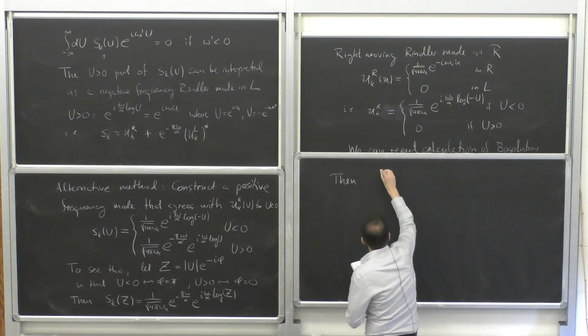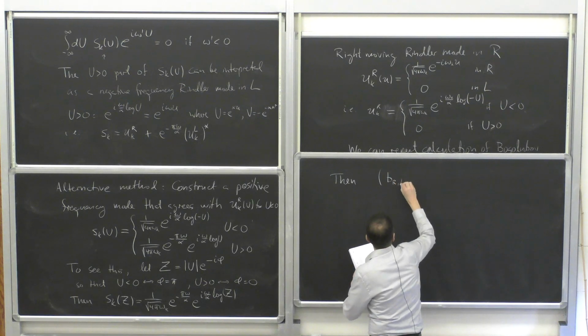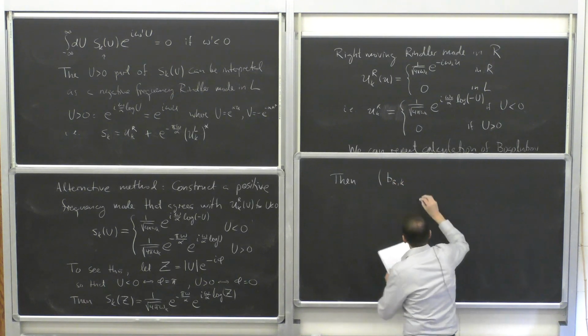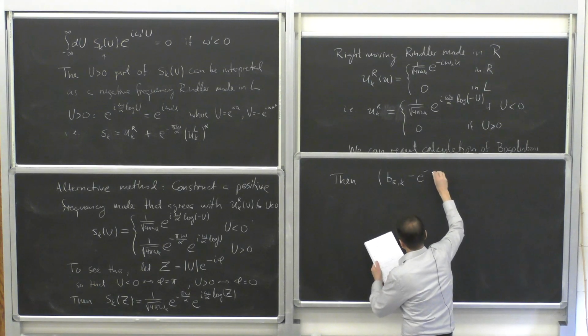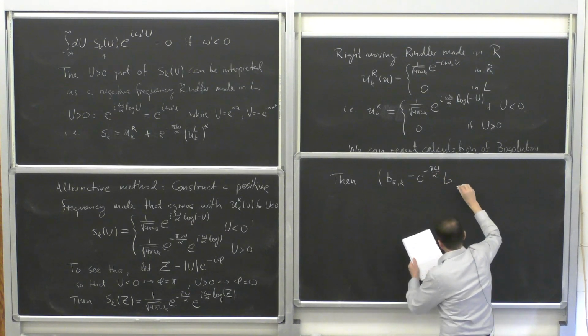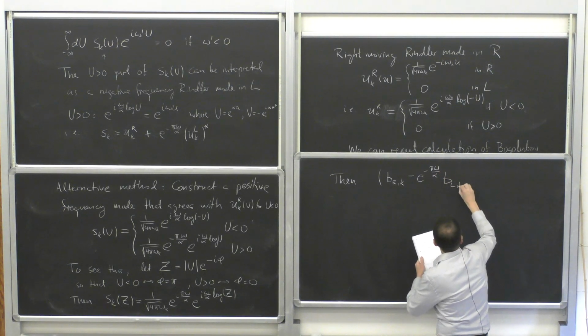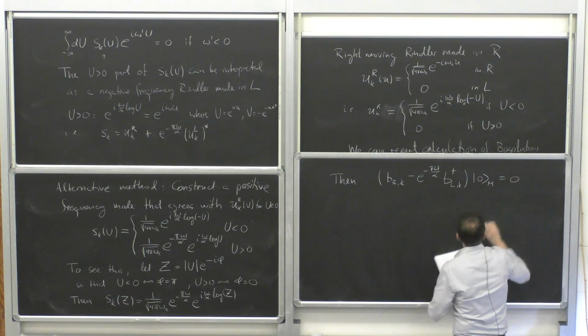Basically, I can write this then, that my B R K minus e to the minus pi omega over alpha B left K dagger, this should annihilate this vacuum, right?